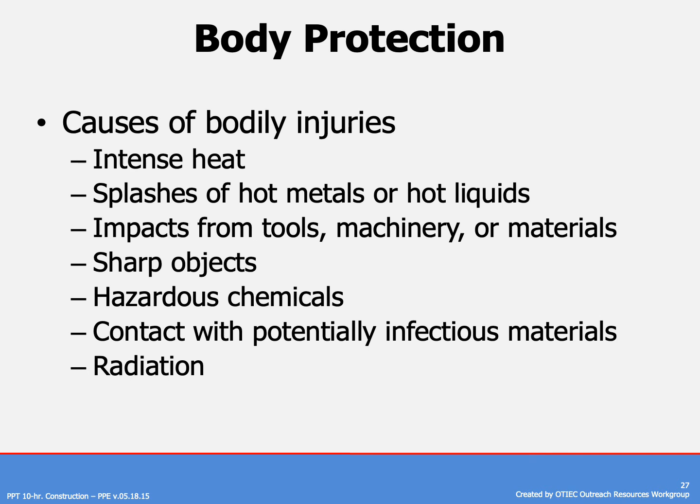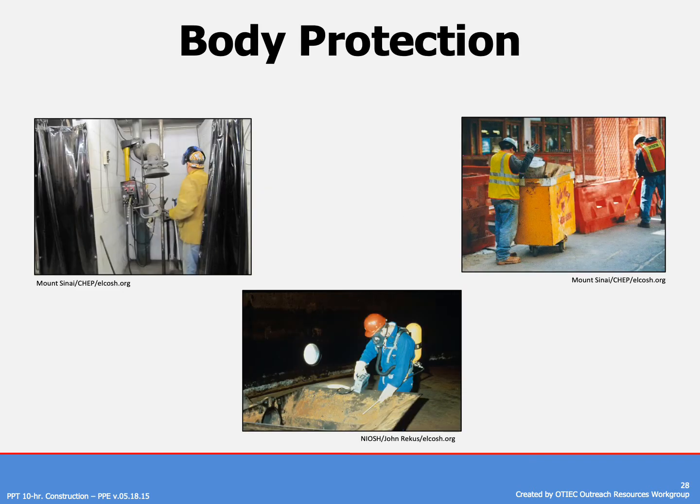Body protection is just that, right? Something that's going to protect our entire body from heat, chemicals, or some hazard, if you will. It could be radiation, contact with potentially infectious materials or bodily fluids, all of which prescribe the need for a certain body protection. For example, you can have something as simple as what may appear to be a rain jacket in some environments, but maybe it's designed for a very particular type of hazard.